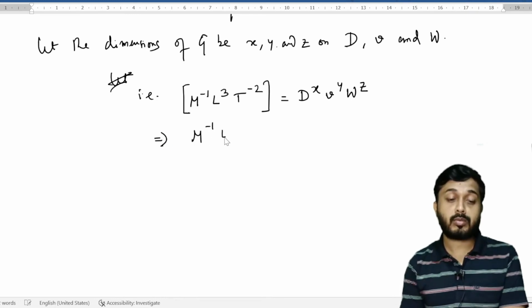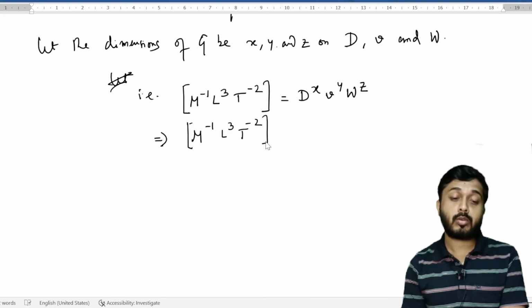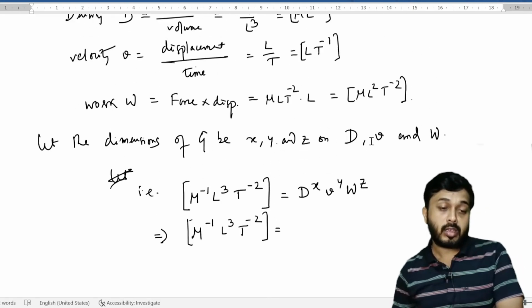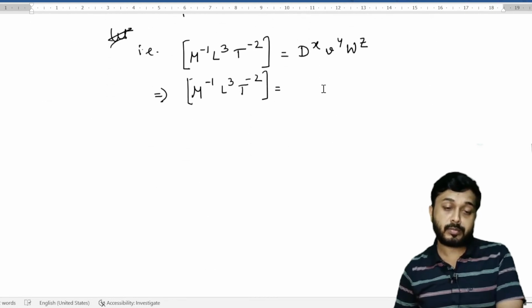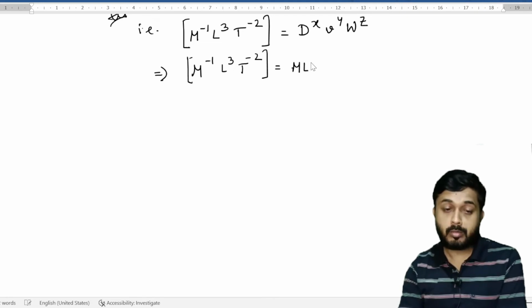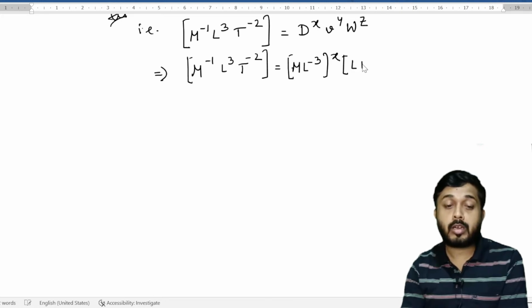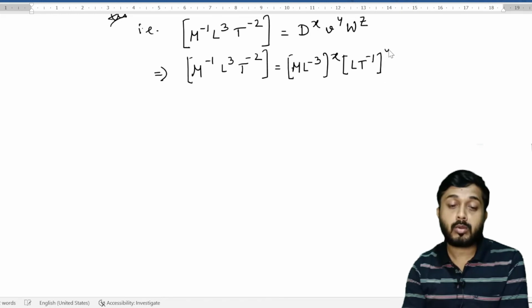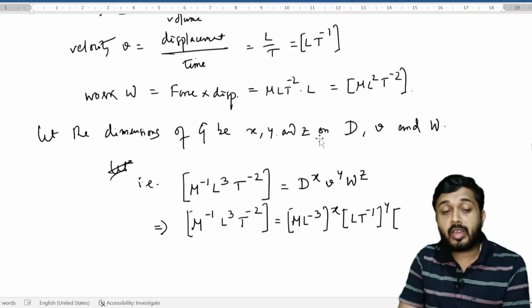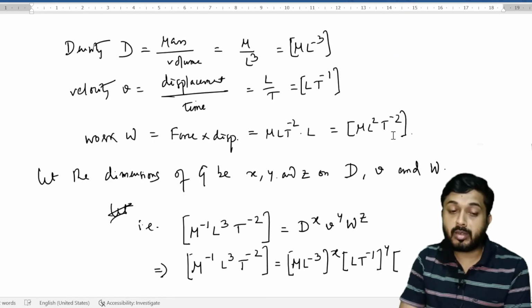Now put the values of d, v and w. What is d? M l to the power minus 3, whole to the power x. What is v, velocity? L t to the power minus 1, whole to the power y. What is w? M l square t to the power minus 2.